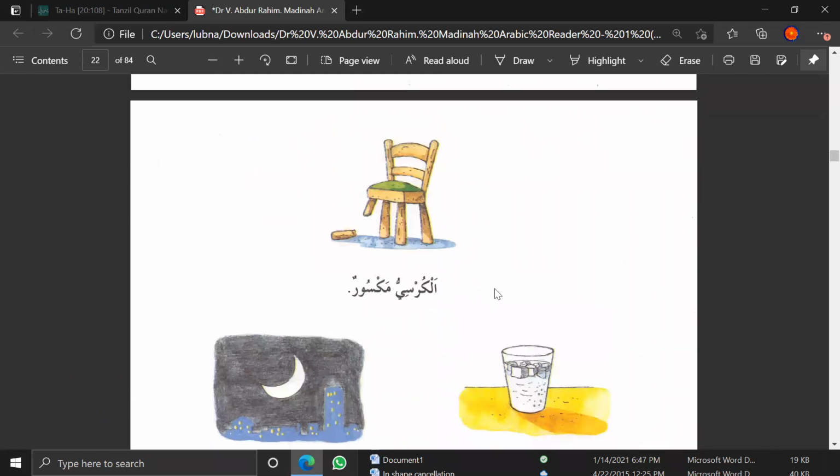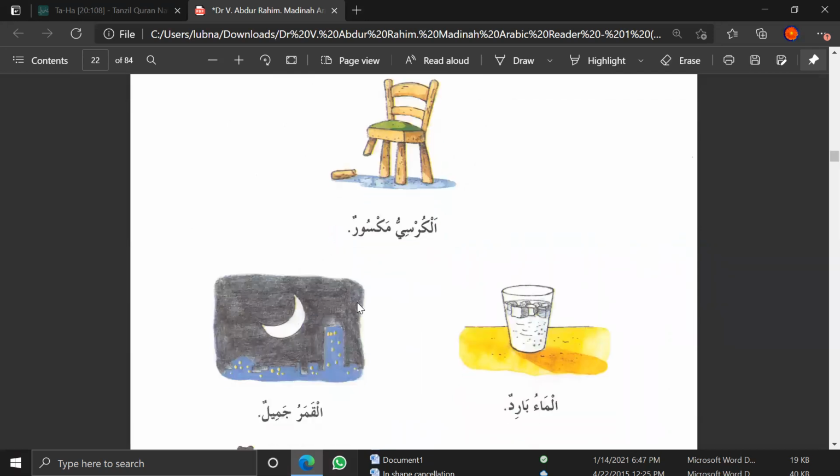Mashallah. Al-kursiyu maksurun. The chair is broken. So which one is the common noun? Maksurun. And which one is the proper noun? Al-kursiyu. Are they both ism? Yes. One is the name of a thing, and the other is the quality of a thing. In Arabic, the quality of a thing is also ism. Excellent.